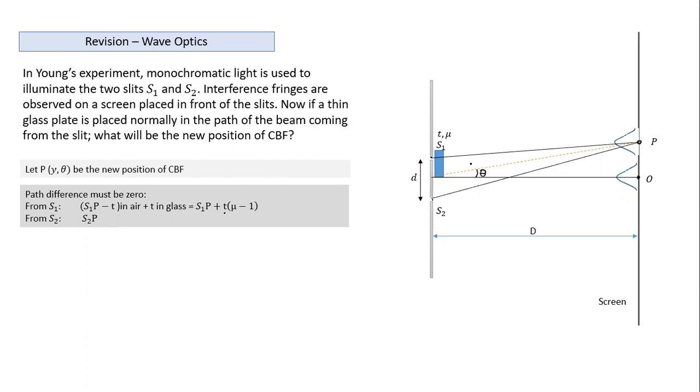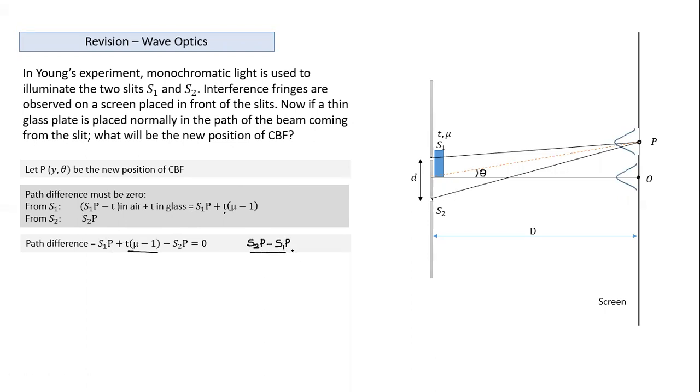Now we are interested in the path difference being zero. Let's write the equation. Since it is zero, we can subtract either one from the other. So from the first path we subtract the second path, keeping this term on one side and the other two on the other side, it becomes t into (mu minus 1) equal to S2P minus S1P. And this is the physical length, S2P minus S1P.